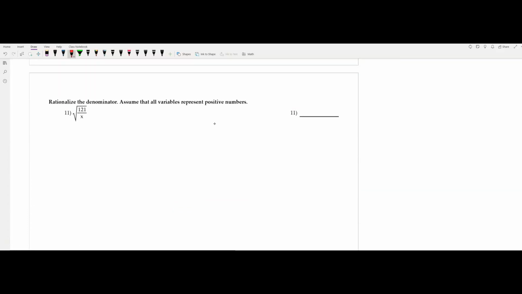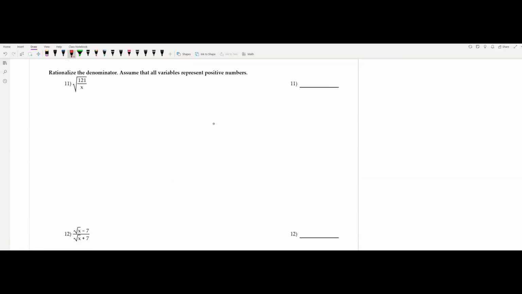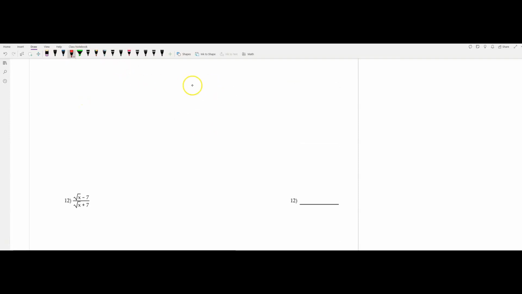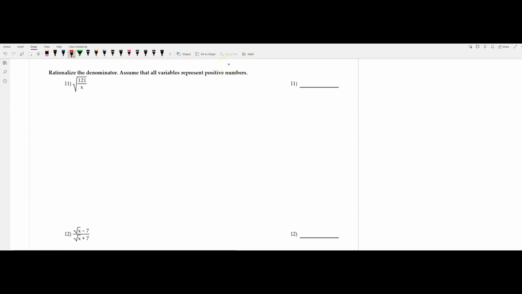All right, so moving on. Let's do these two here, and let's do the rationalize the denominator. I'm just going to do these two, and then I'm going to move on to some harder ones. Right? So here we have rationalize the denominator, meaning that this is the same thing as the square root of 121 over the square root of x, right?